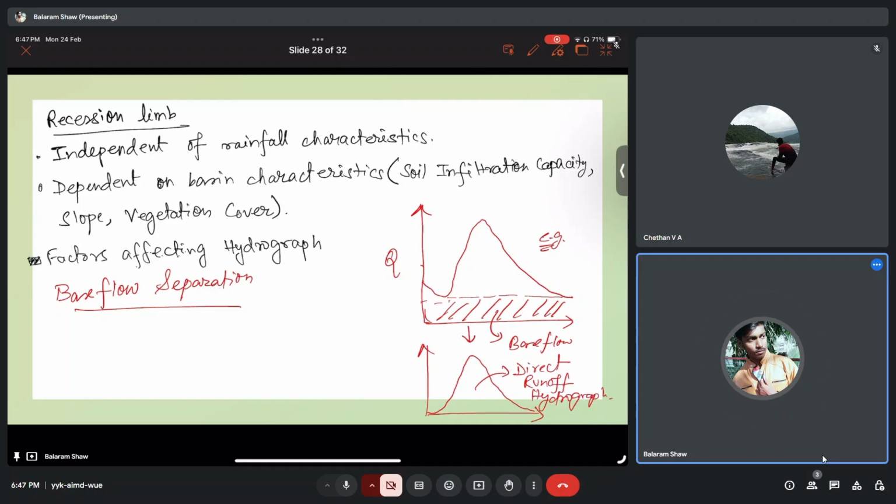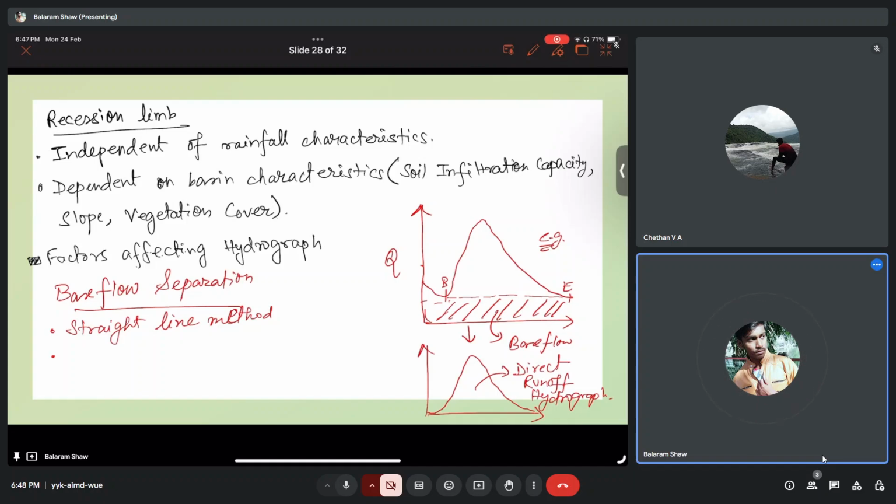We have seen in the lecture there are several methods. Like the straight line method, where we just join the starting point of the rainfall event, B, to the ending point of the event, that is BE, and then we remove that as base flow. That is the straight line method.